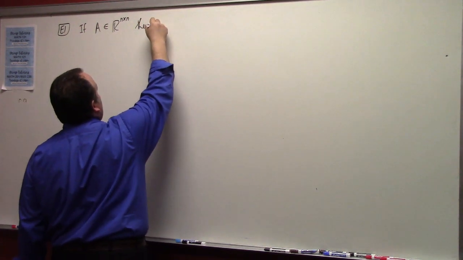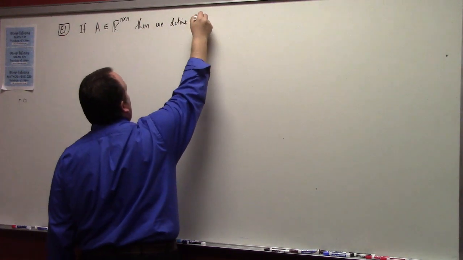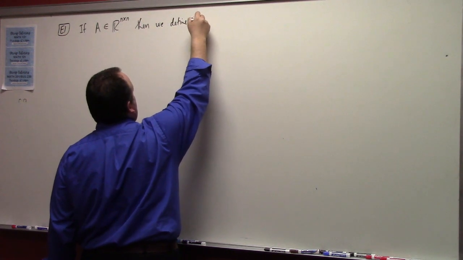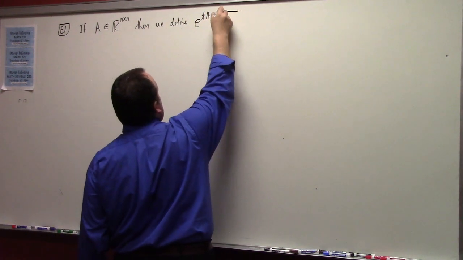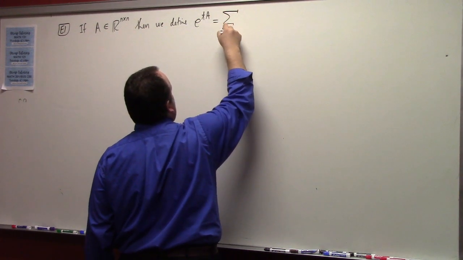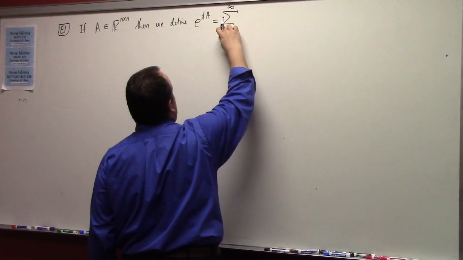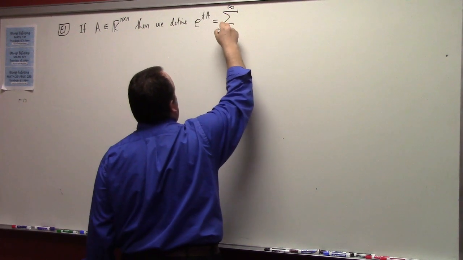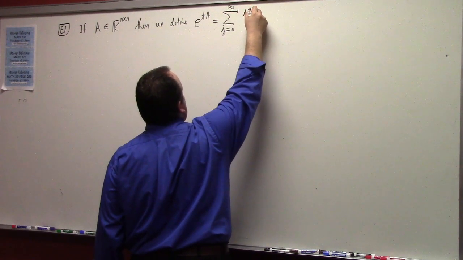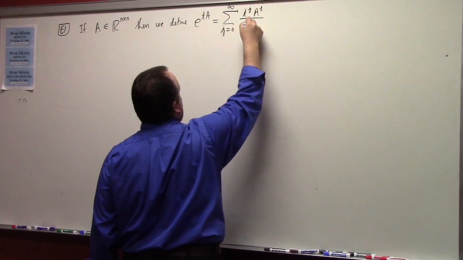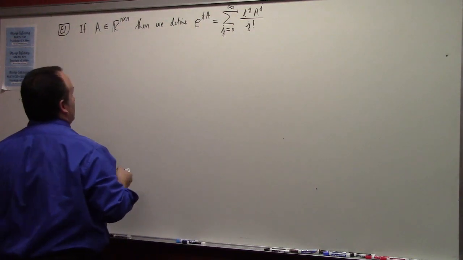Then we define e to the tA as equal to the sum j equals 0 to infinity of t to the j, A to the j, divided by j factorial. Is this a matrix exponential? Yeah, this is the matrix exponential.